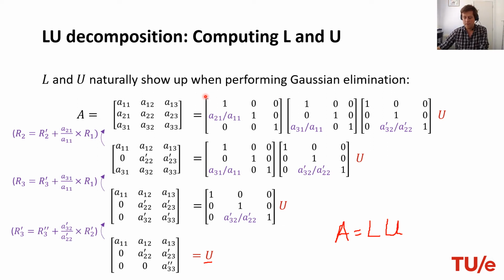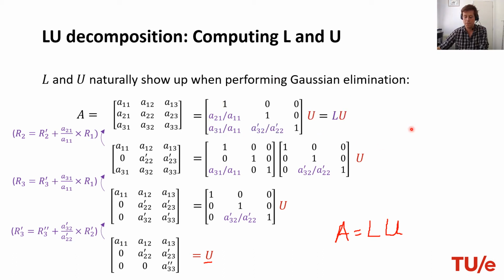So now we have actually found three matrices which, when multiplied one after another on the left with U, will give us A. And if we compute the product of these three individual matrices, we see that this is a lower triangular matrix, and it is equal to our L matrix, such that A is equal to L times U. And this gives us an algorithm for how to find L and U.